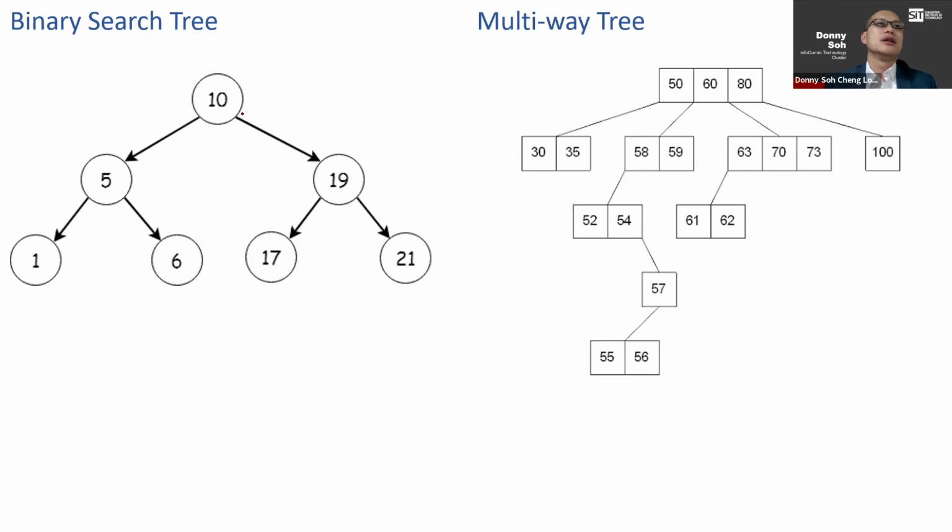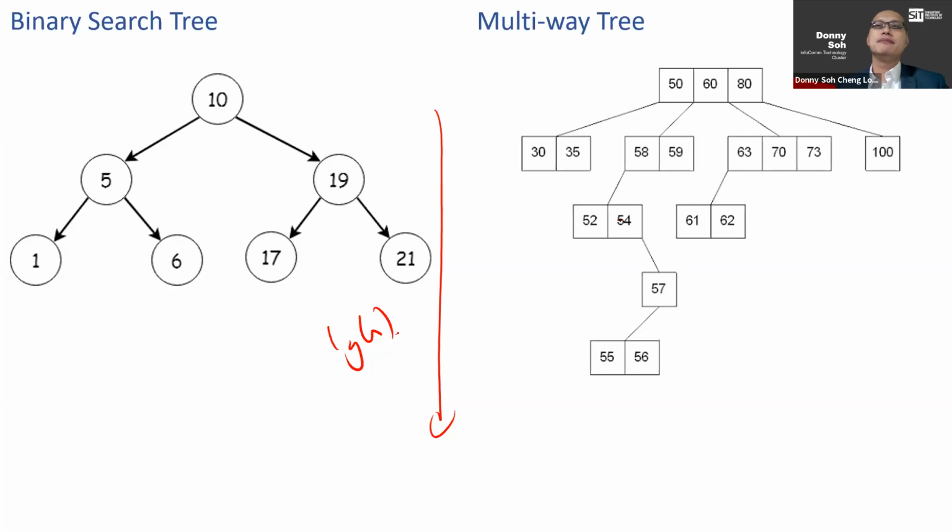So this is like the root node. Anything less than this gets thrown to the left. Anything greater than this gets thrown to the right. So this is the binary search tree. The height of the tree is log n. So this is just some details of BST.